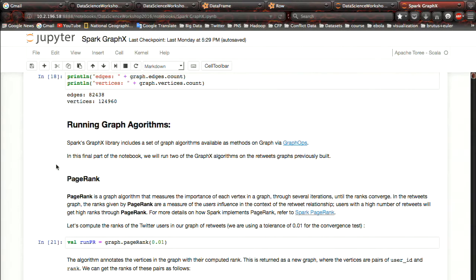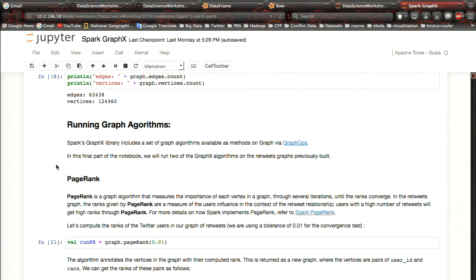So running PageRank with Spark is very easy. We just call the already implemented function, which is called PageRank, and we specify the convergence parameter. PageRank proceeds in several iterations. At each iteration, it constructs the ranks for the nodes in the graph, and at the current iteration, it compares the ranks to the ones obtained for the previous iteration.